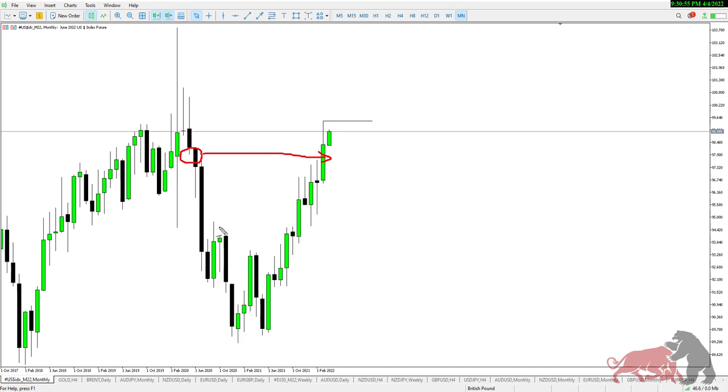The imbalance was filled, and price traded all the way to the upside, and then eventually there was a bit of retracement. At that point, when the imbalance or market inefficiency was filled, your attention would have automatically been drawn to February high.